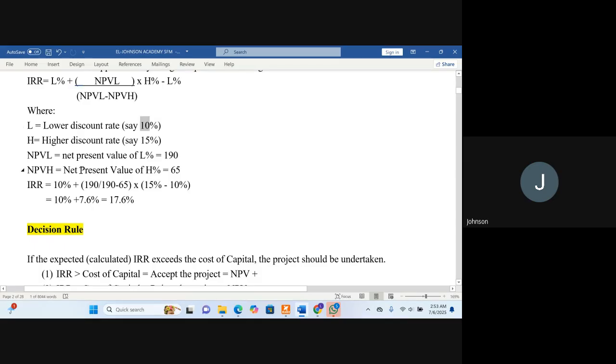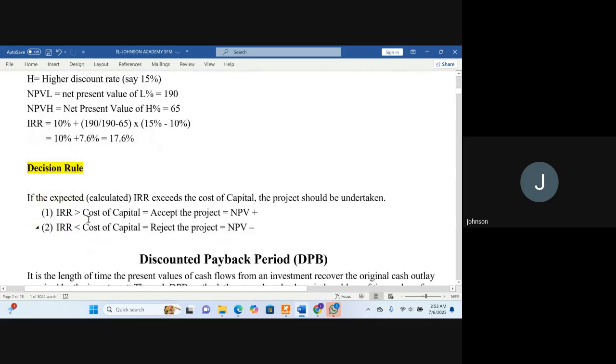You can take 10% and discover that you're going to make a lot of profit from that project. Now, what is the decision rule when it comes to IRR? If the expected IRR that you calculated exceeds the cost of capital, I told you that the IRR should be the maximum cost of capital that you have to use for any project.